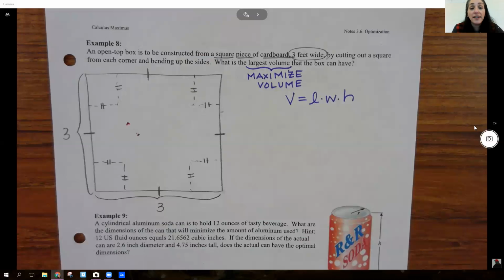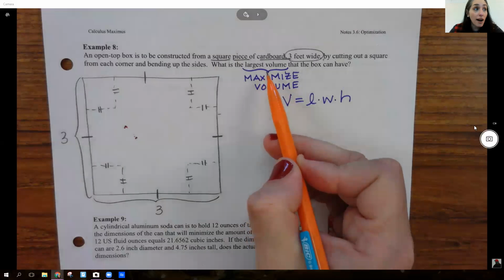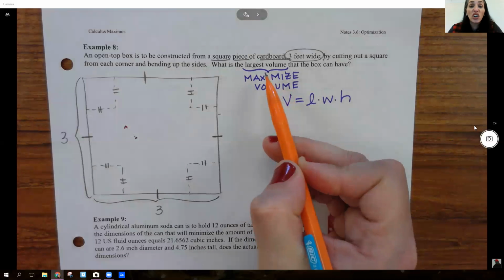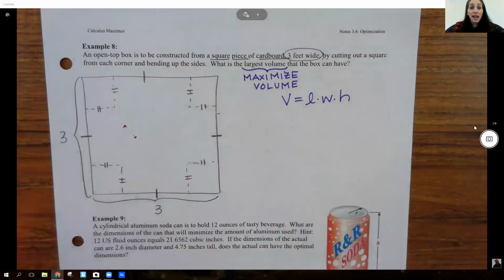Now, do I know how big of squares I should cut out of the corners? I have no idea. I'm trying to figure that out. And my goal here is to have a box that's going to have the largest volume. So I want to be able to get the biggest box I possibly can out of this piece of cardboard so it'll hold the most stuff. So I don't know how big of a square to cut out of the corner.